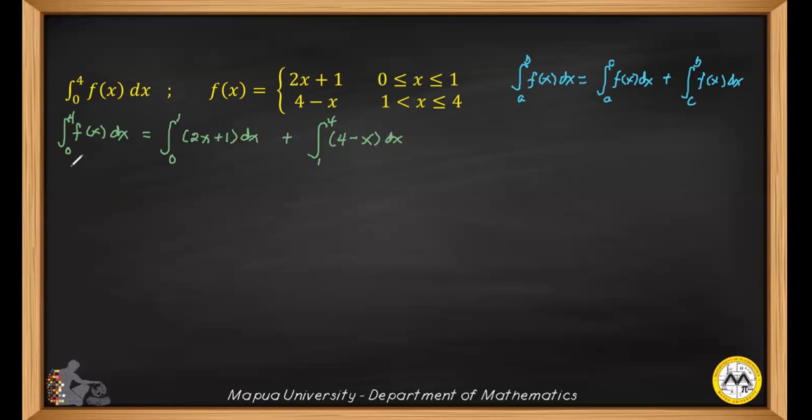Okay, so we are going to evaluate the integral of f of x dx from 0 to 4 as the sum of the integrals from 0 to 1 plus 1 to 4.